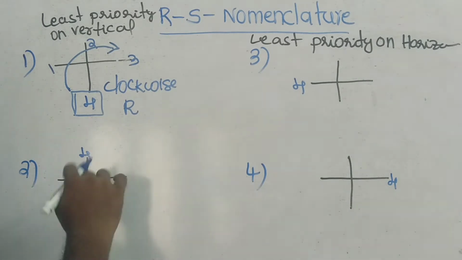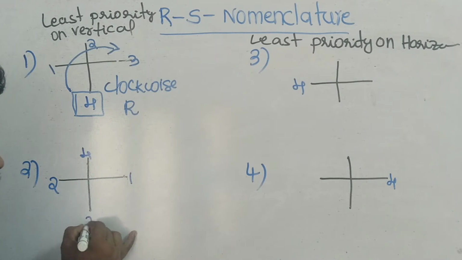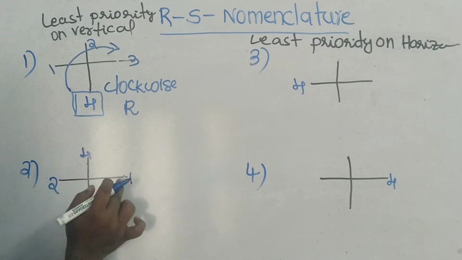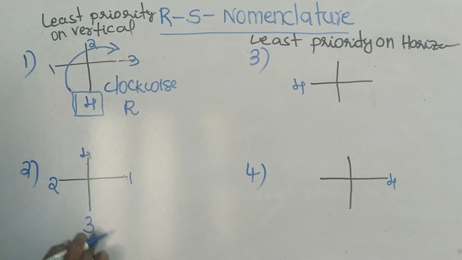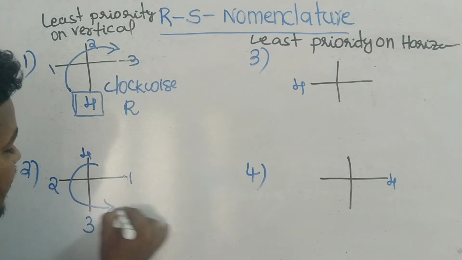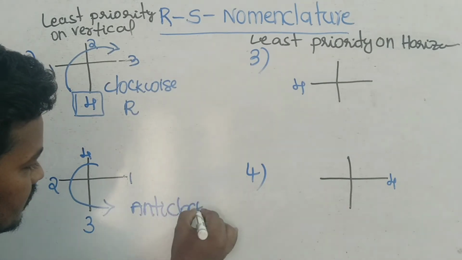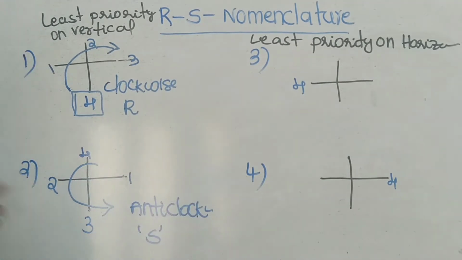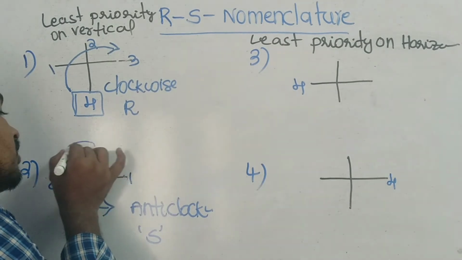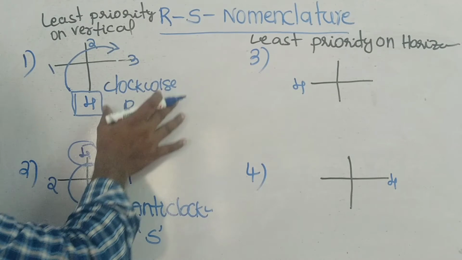For example, if the line between the first, second and third priority groups is anti-clockwise, that is called S configuration. That means if the least priority group is in the vertical position and it is clockwise, that is R.